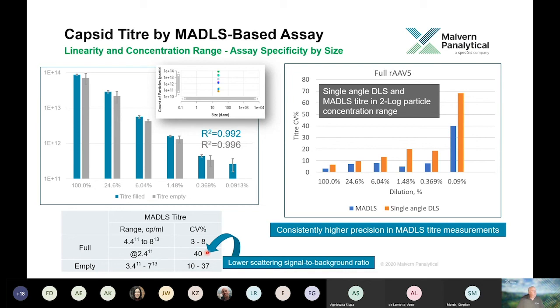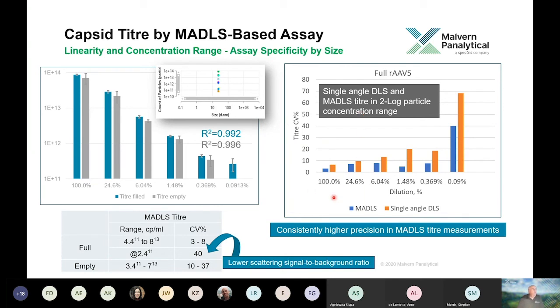You see the CV here is 40%. This is because the scattering intensity that we're detecting for such a low concentration is not that much higher than the background of the dispersant that the viruses are in. So your signal to noise is being compromised, and as a consequence, we see a higher percentage coefficient of variation in this case.